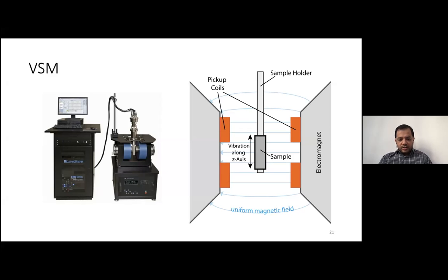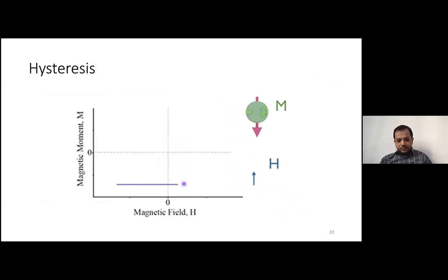And the machine can translate the change in voltage into the magnetization of the material, and how the material is magnetized in simple terms.